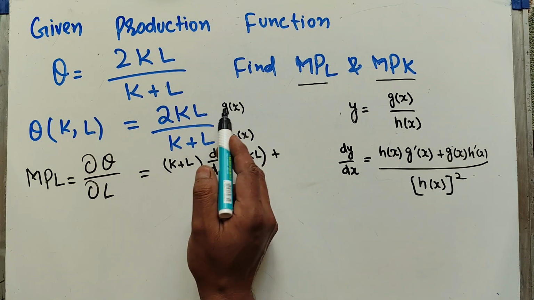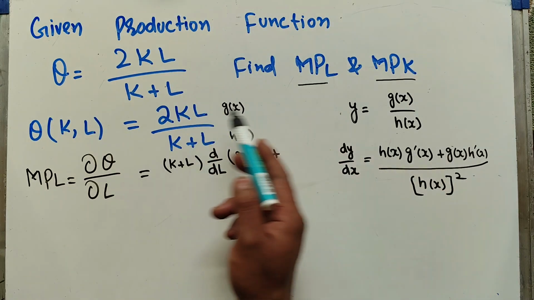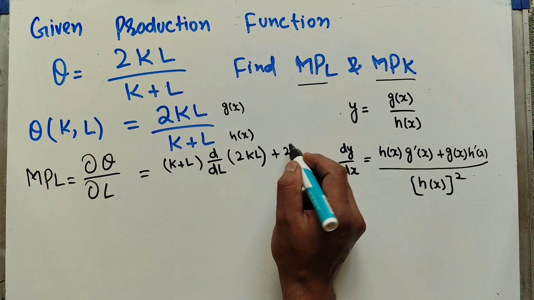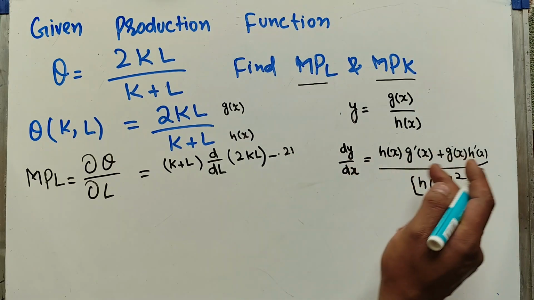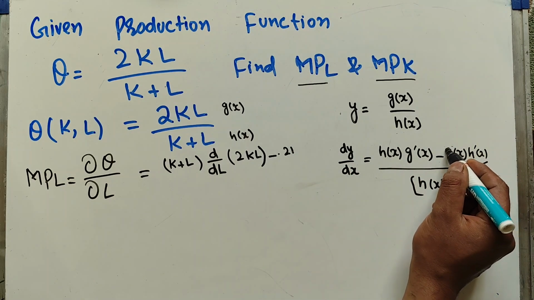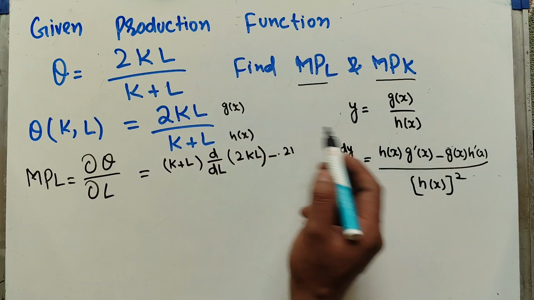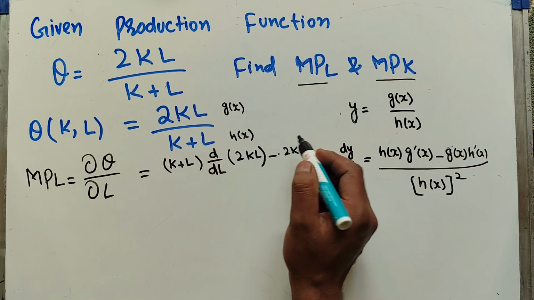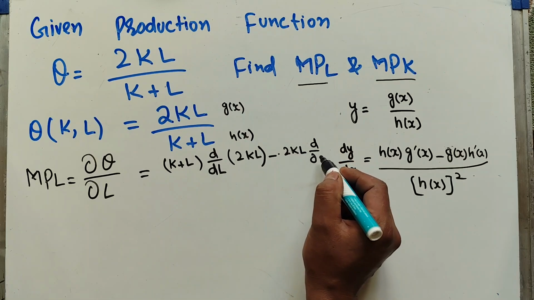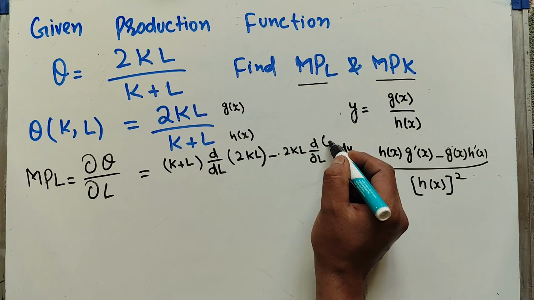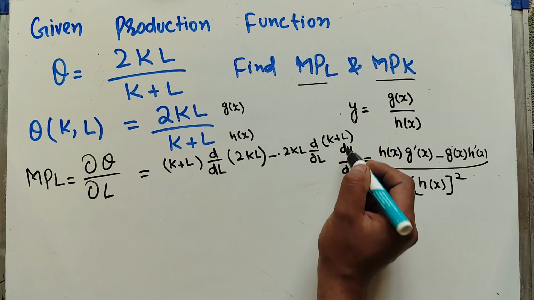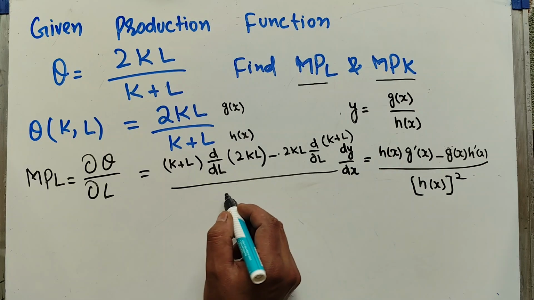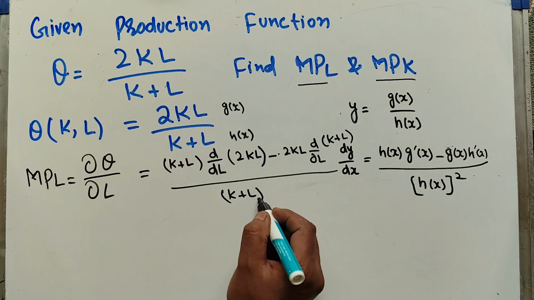Then we subtract, sorry, here we have to subtract. Then we write the numerator function, which is 2KL, and multiply it with the derivative of the denominator function, that is K+L. To this we divide by (K+L) whole squared.